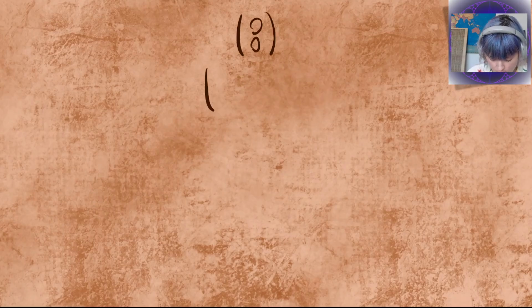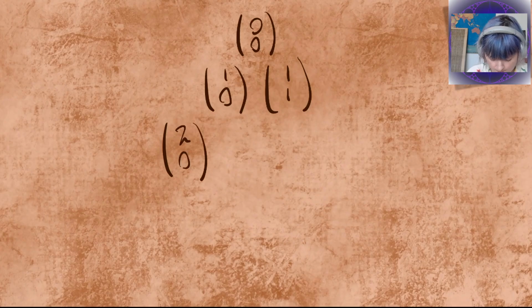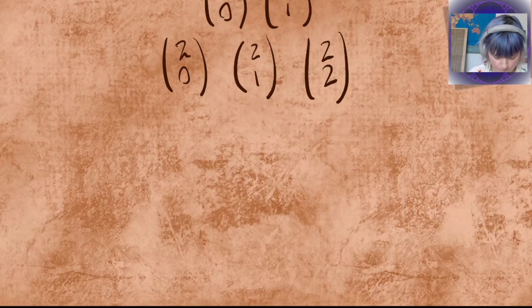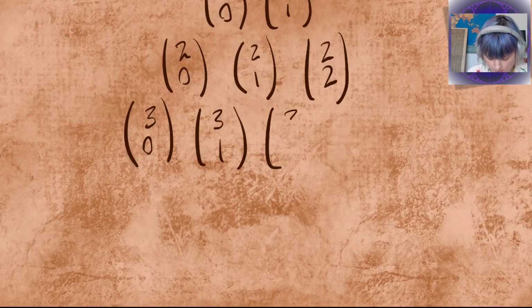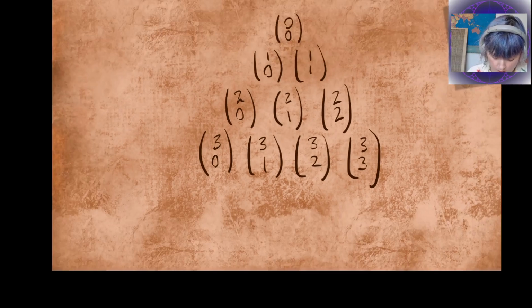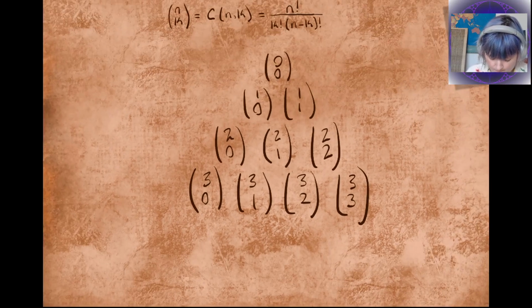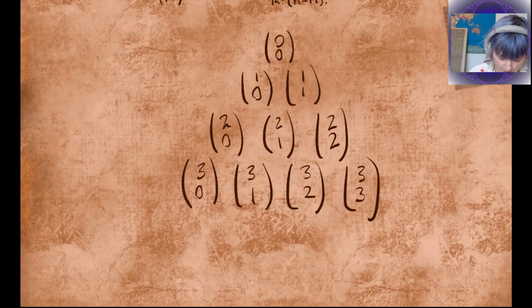So for instance, 0 choose 0; 1 choose 0, 1 choose 1; 2 choose 0, 2 choose 1, 2 choose 2; 3 choose 0, 3 choose 1, 3 choose 2, 3 choose 3. And we can prove that real quick.